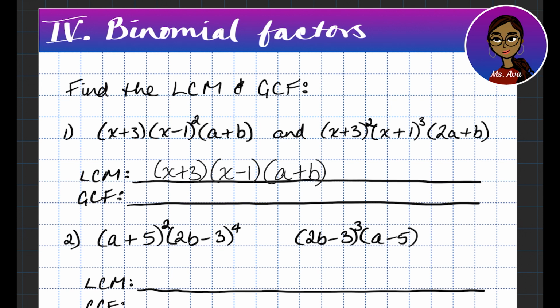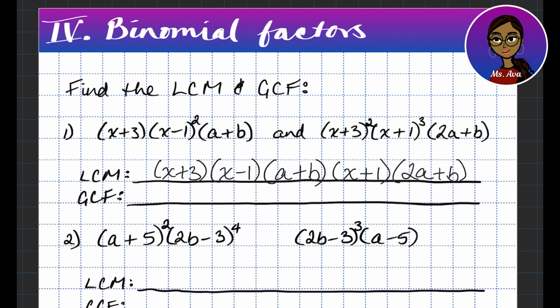No, that's not it, because see, this one is not the same as this. Those are two different bases, even though they look very similar. Oh, okay. Well then, x plus 1. Yes. And then, is this one different too? Yes. Okay. So then 2a plus b.